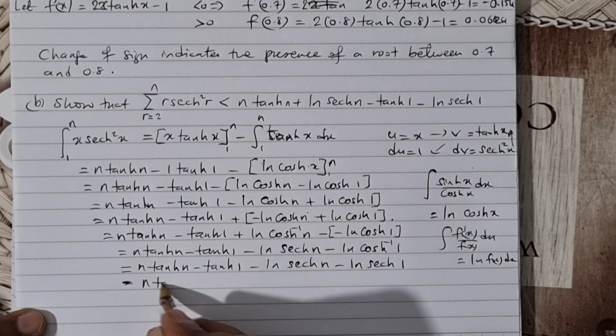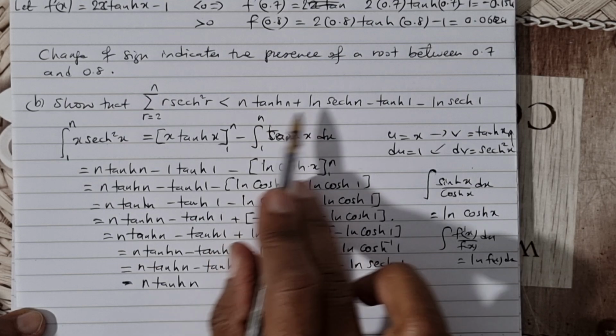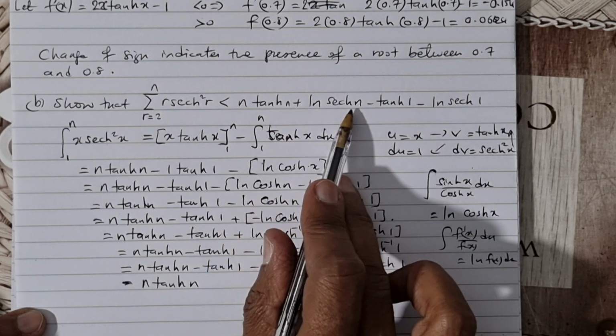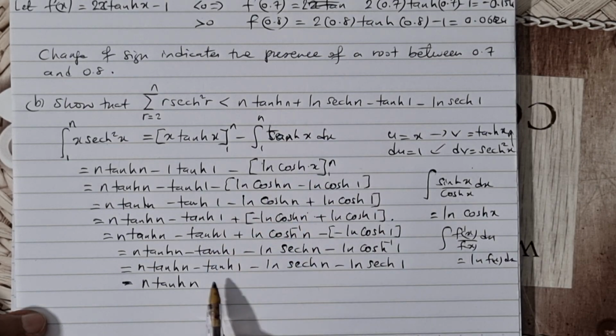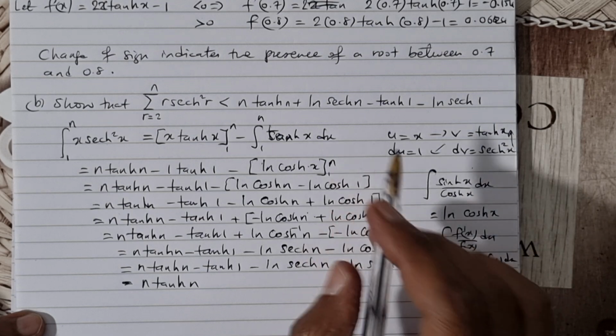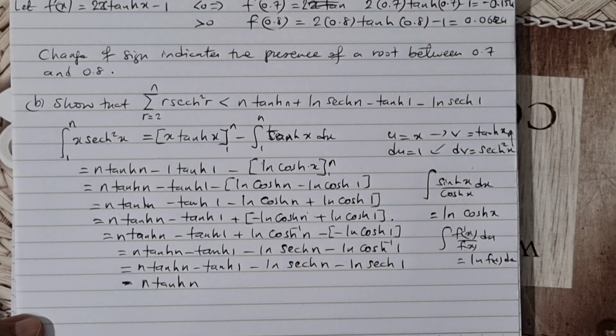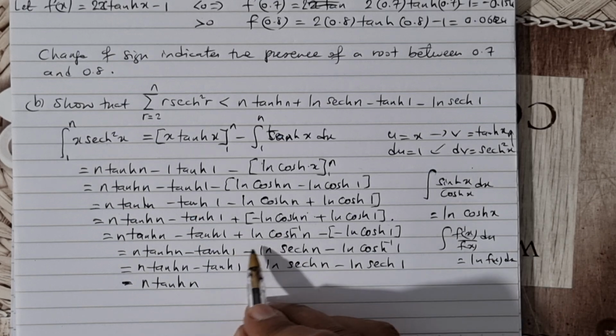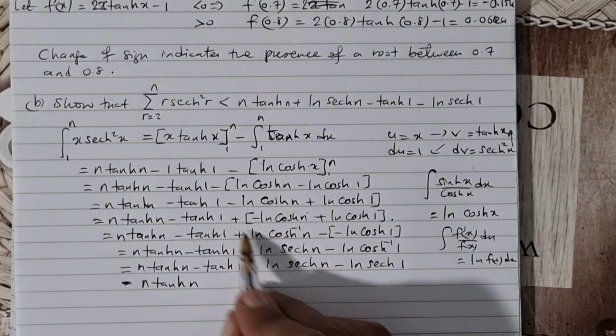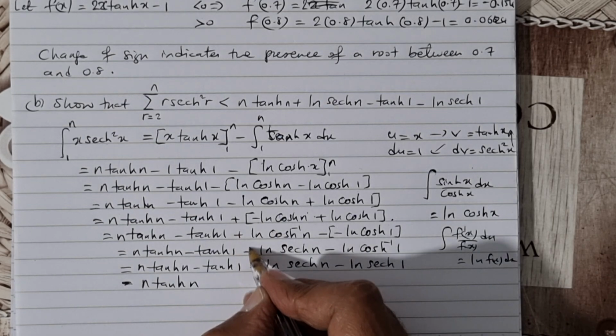Okay, we're almost there, and now we need to put this in the proper order. So we have n tanh n, minus ln sech n, we did say that the minus and plus becomes plus here. Outside is a plus.